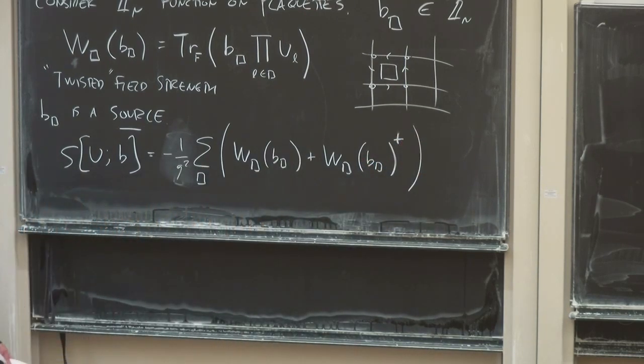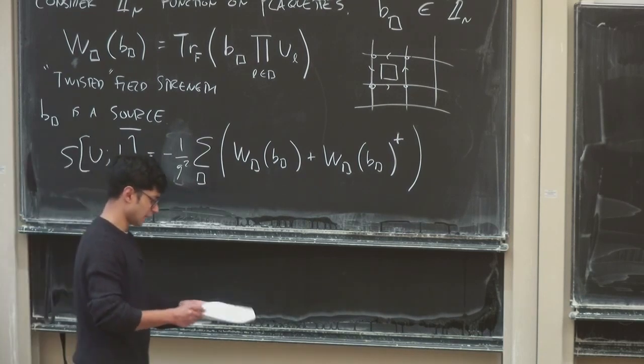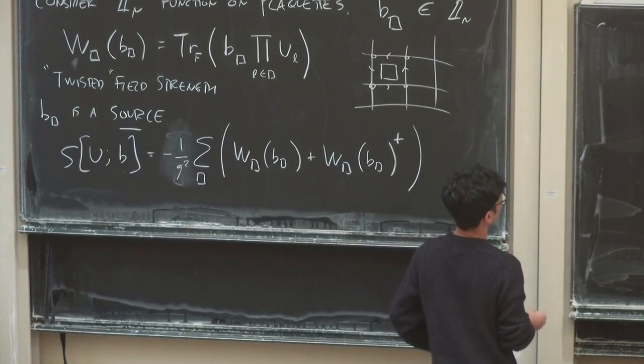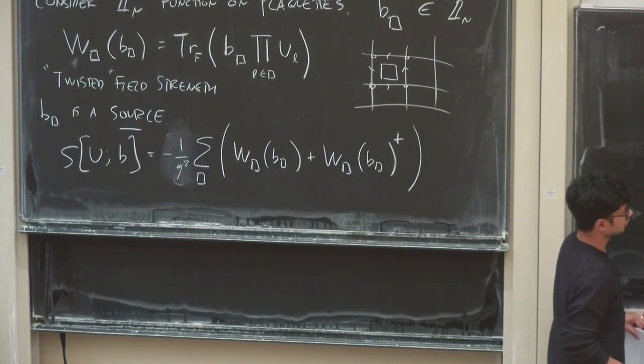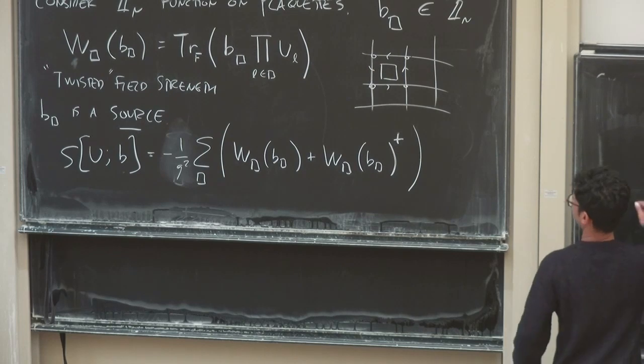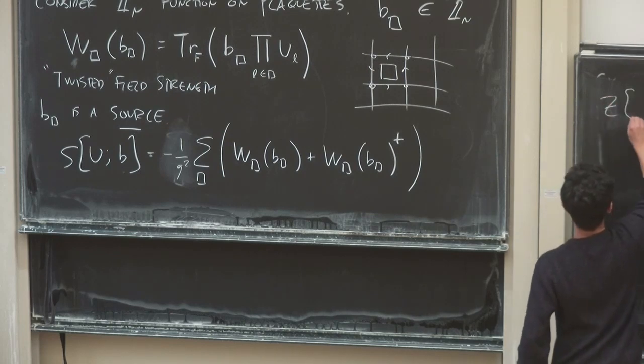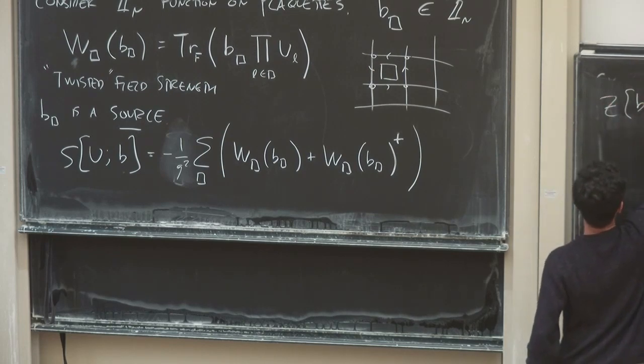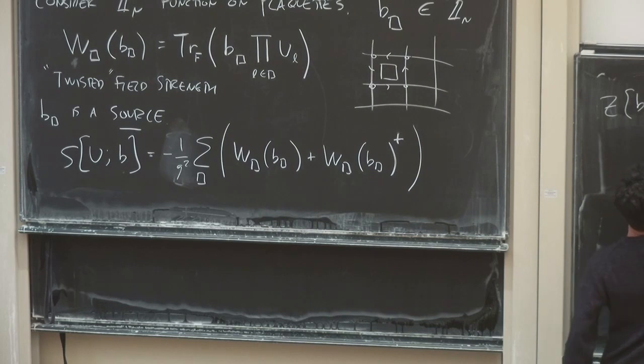Okay. So this now depends both on U and on B, the action. And I can also construct my partition function. I can construct my Z, which is a function of B, by doing the path integral over all the U's in the presence of this action.